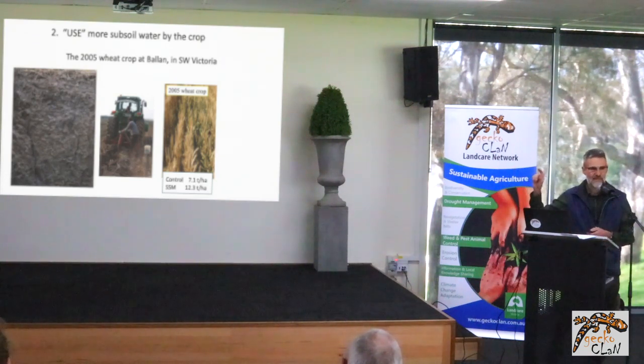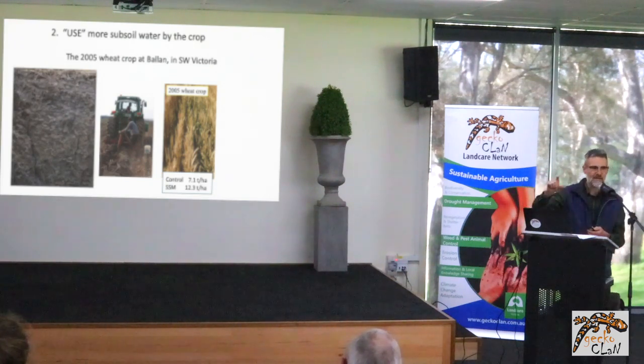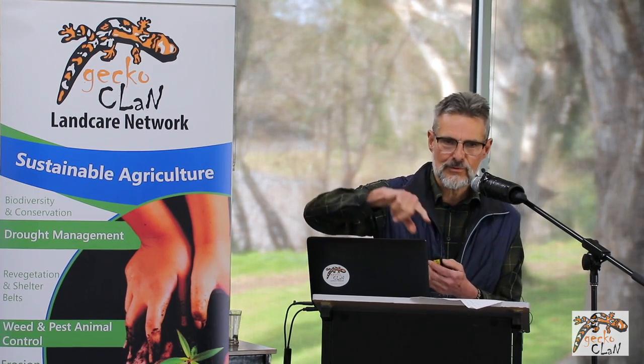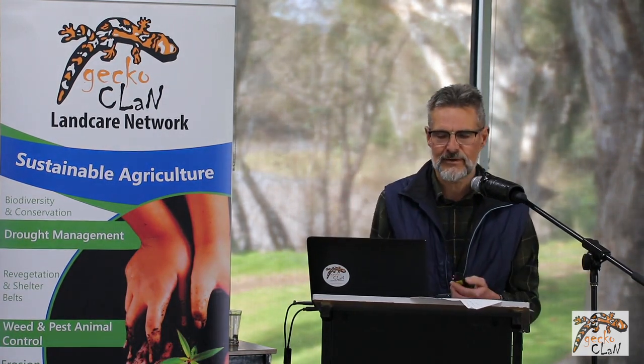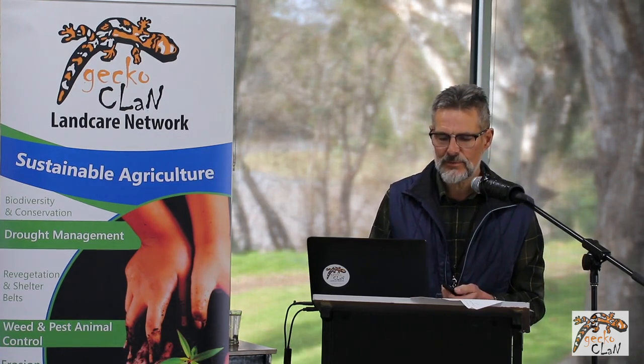Just imagine you can see some flag leaves that are remaining green. In 2005, we had sufficient rainfall during winter and early spring, then it started to dry off again, so there was water stress. The plants on top of the subsoil manuring started accessing some of that subsoil water, and you can see the yield increase there.